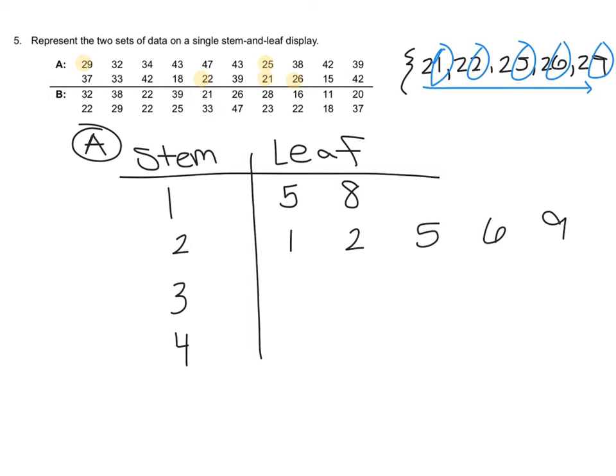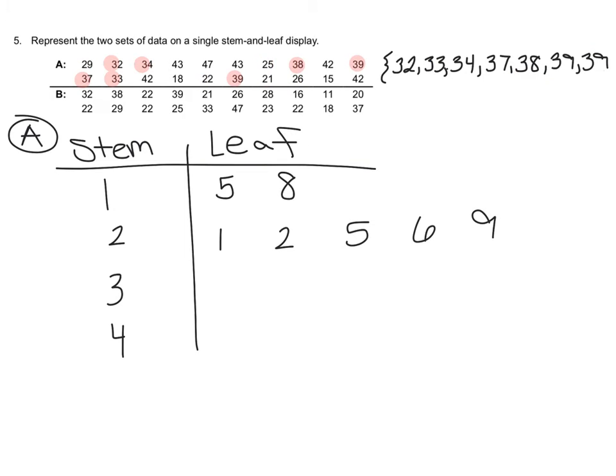Now we'll move on to all the numbers that have a stem of 3. All the values that have a stem of 3 are highlighted, and I also listed them from smallest to largest. Again, this just helps me place the leaves in increasing order when I go to draw my stem and leaf plot.